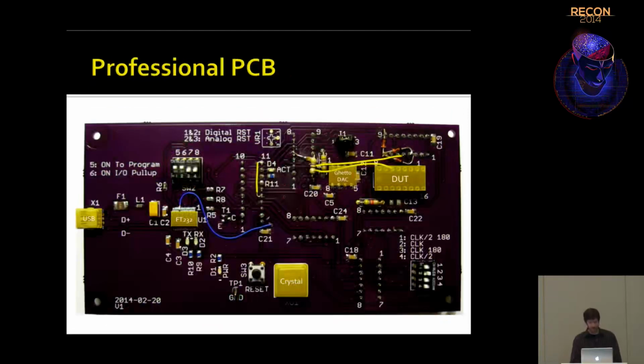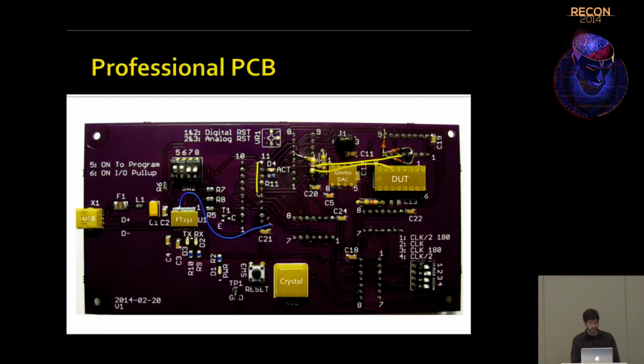So finally, I relented and went to OSH Park and made this, a sideboard aside from the FPGA board that is designed for voltage glitching. And this incorporates a lot of the same elements, the ghetto DAC. This one has a fixed crystal and a mini USB connection through an FT232.